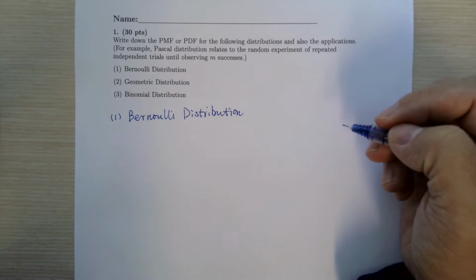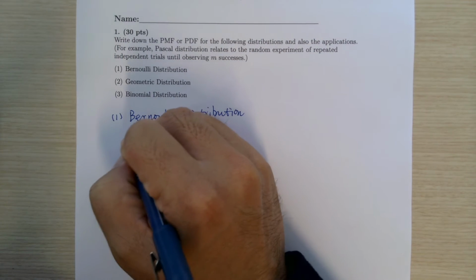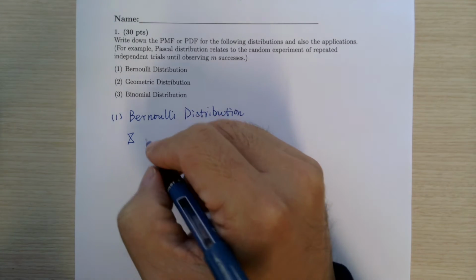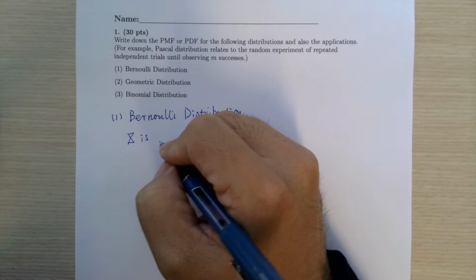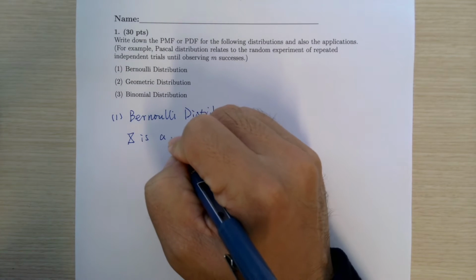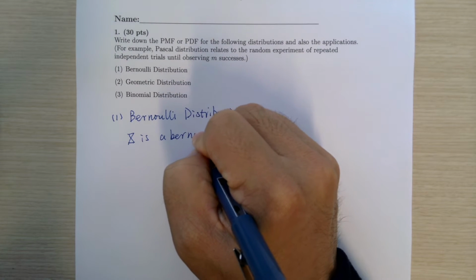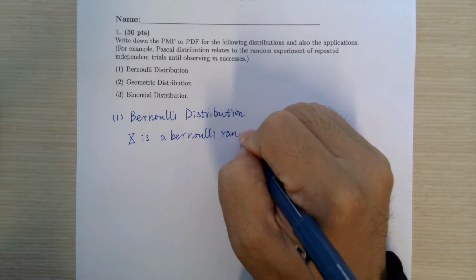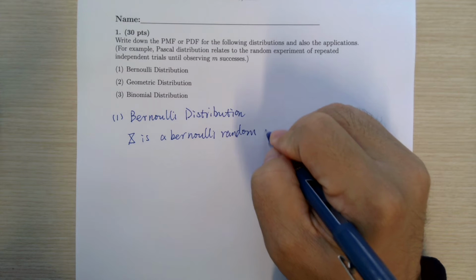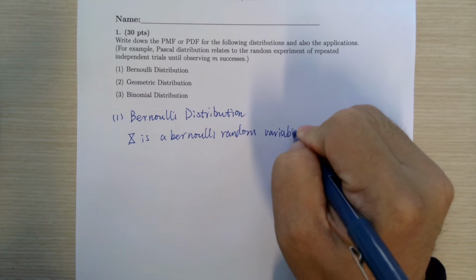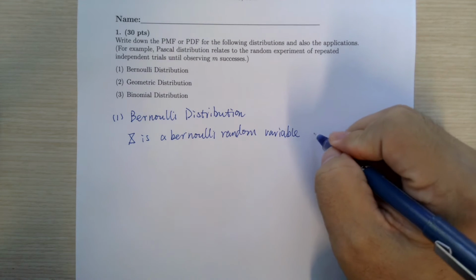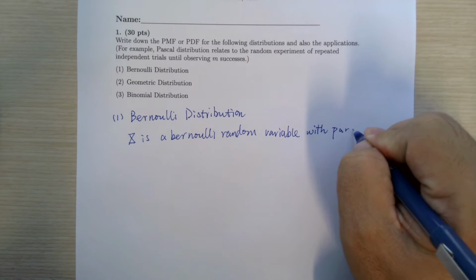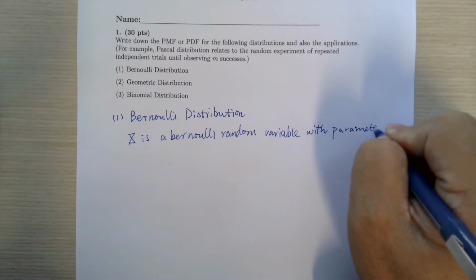So we say that X is a Bernoulli random variable with a parameter p.